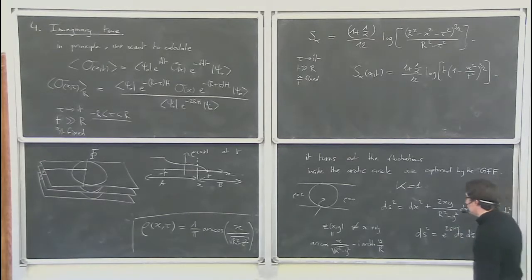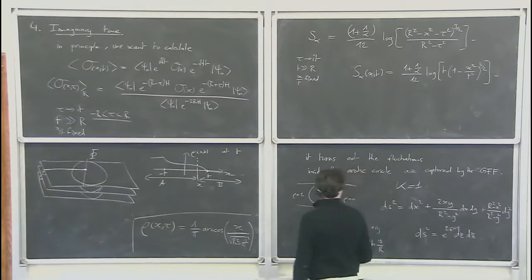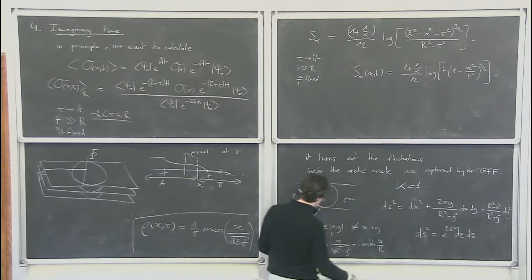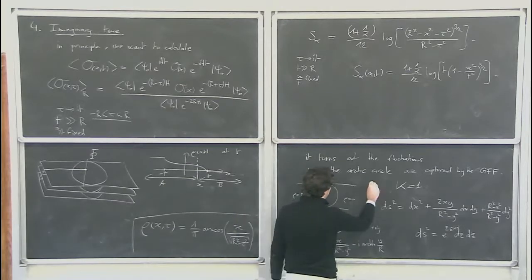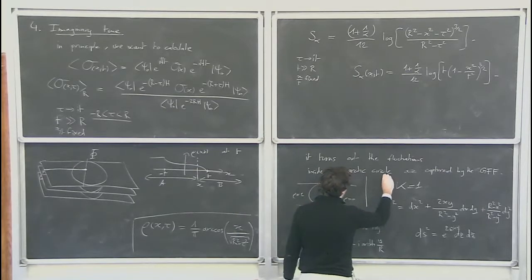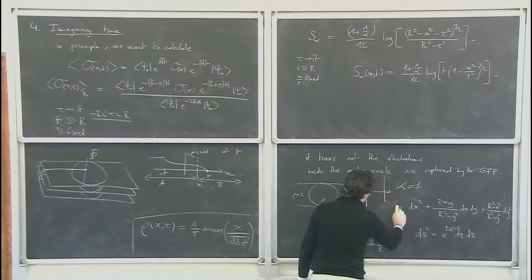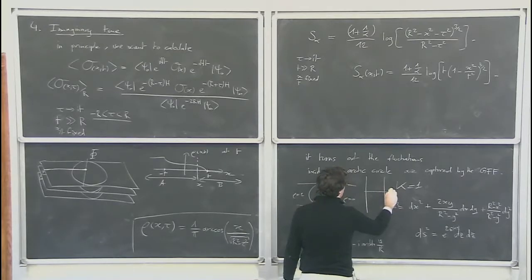It turns out the coordinate z here is such that the imaginary part of z goes from 0 to pi. So this is now z of x and y.